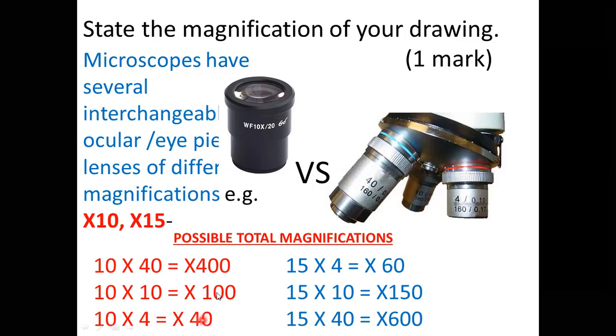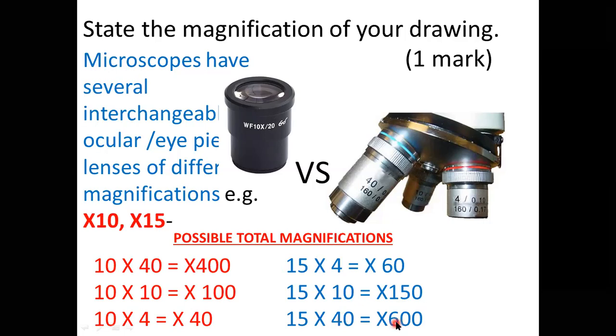So these are varied magnifications. Or another possibility, it can also be times 15, whereby if it combines with times 4, it gives us times 60. If it is with times 10, it gives us times 150. If it is with times 40, it gives us times 600.